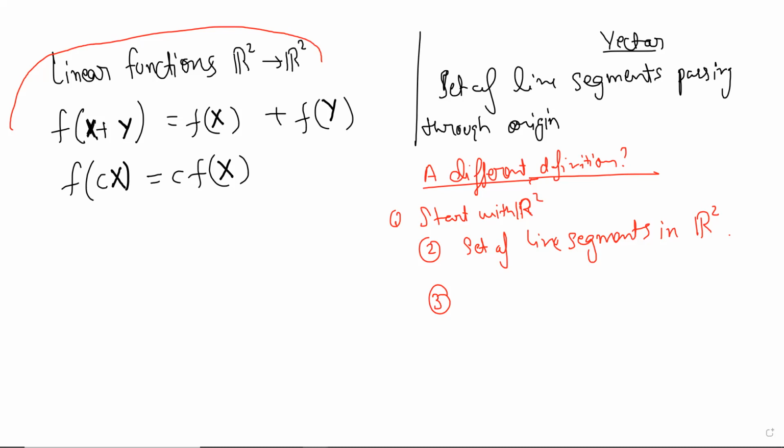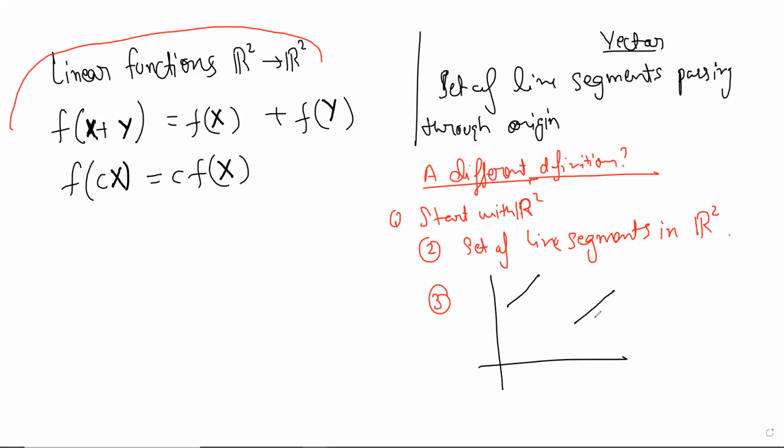So we may want to let go of this distinction. If there are two line segments which are parallel to each other and have the same length, then we may not want to distinguish them.